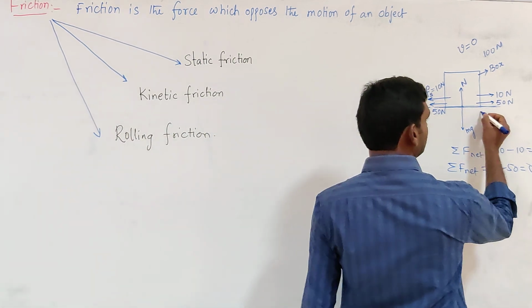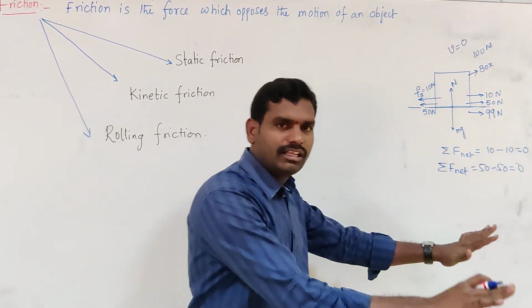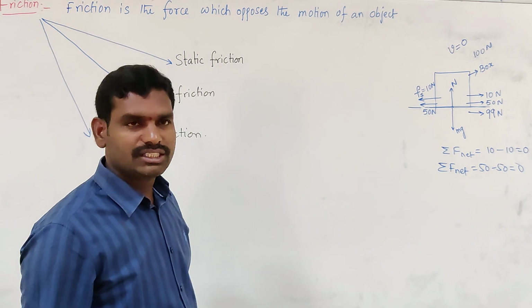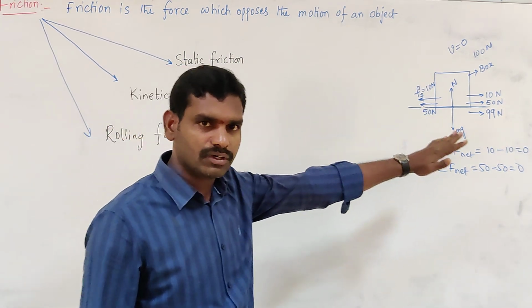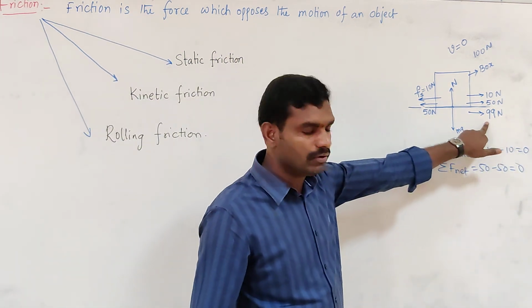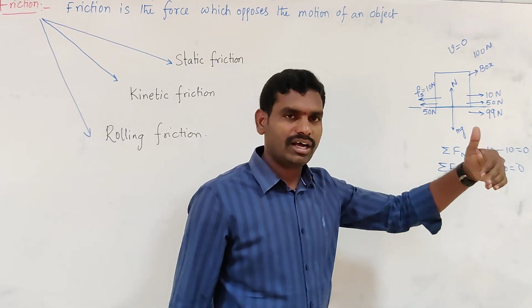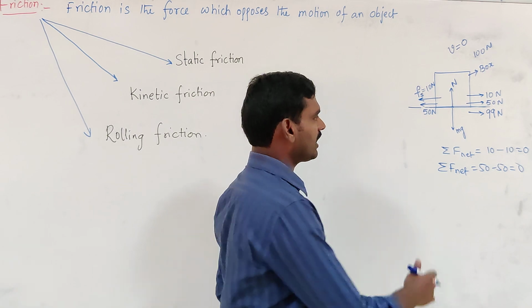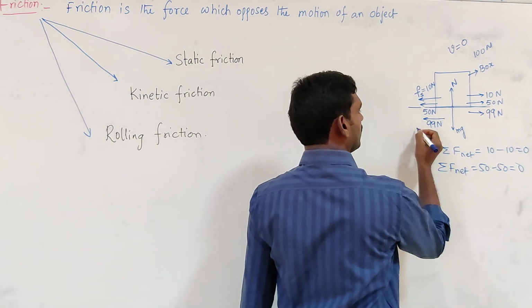Next, if I apply 99 newtons of force, still the body is at rest, because the body needs a minimum of 100 newtons of force to get into motion. So the other force counteracting this applied force is the frictional force again.